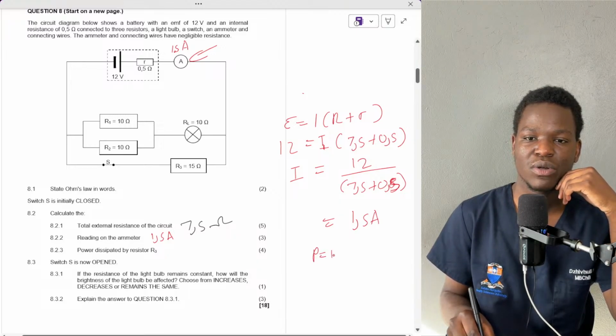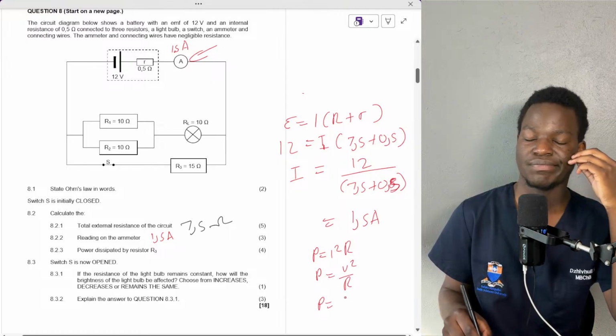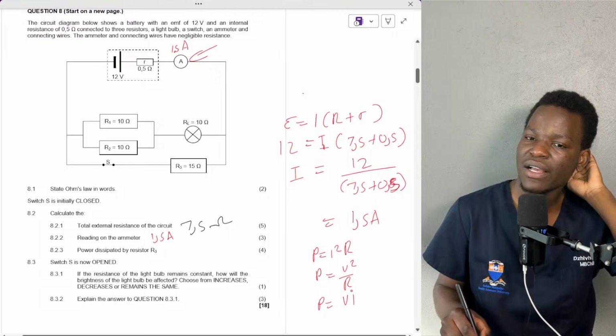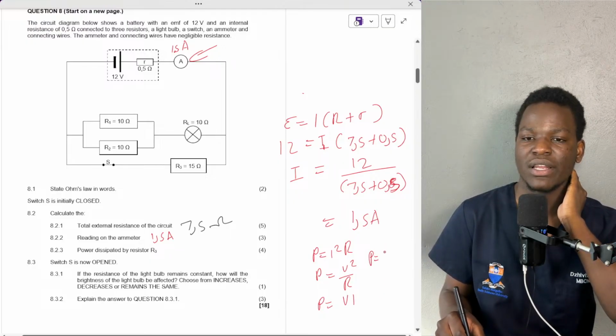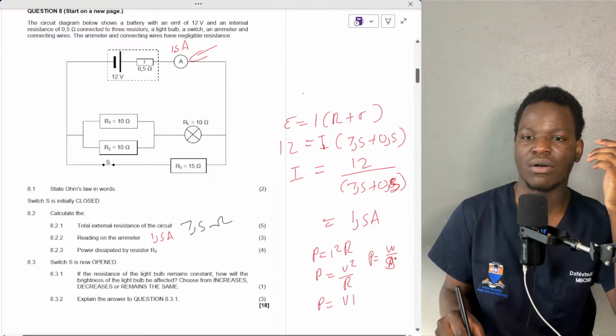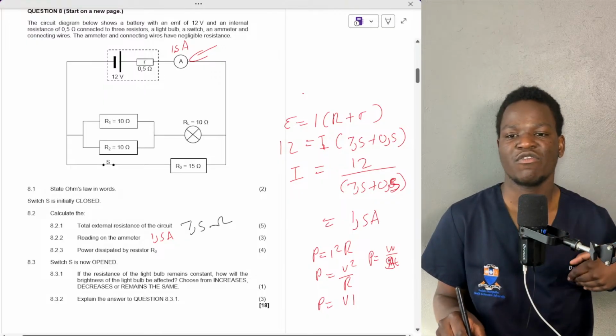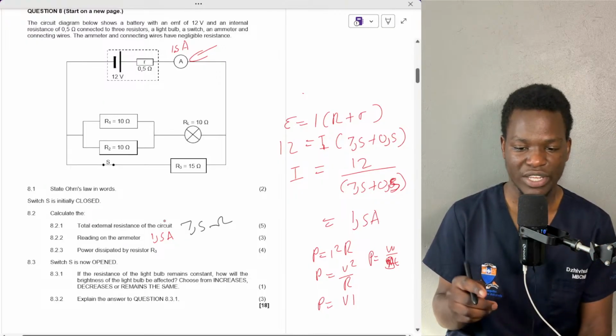Power equals I squared R. Power equals V squared over R. Power equals VI, which is the simplest one. Power is the rate at which work is done. But it just depends on the equation or the information that we are given.